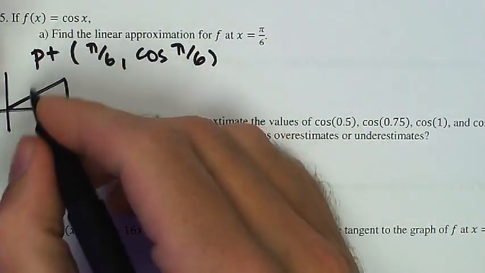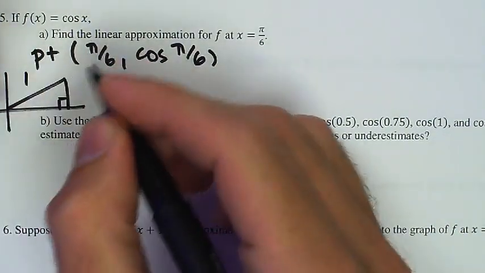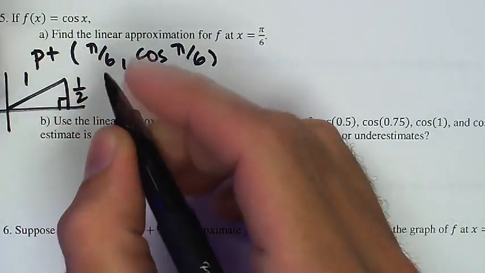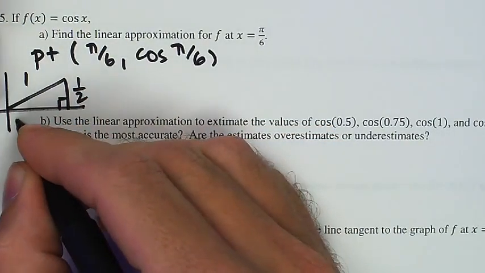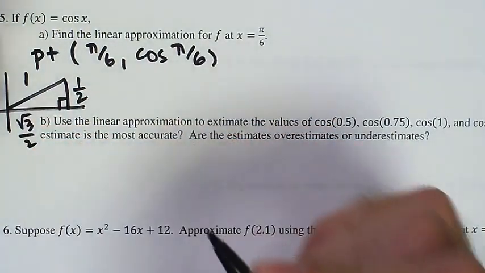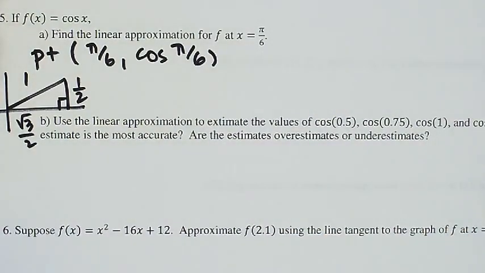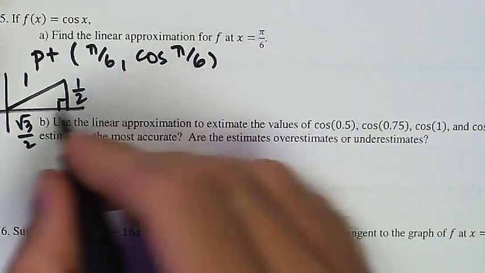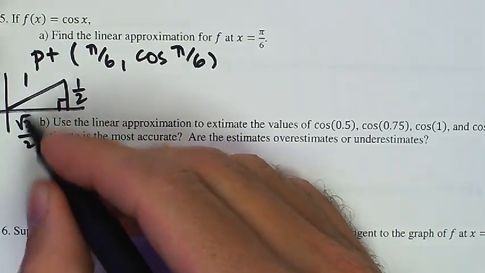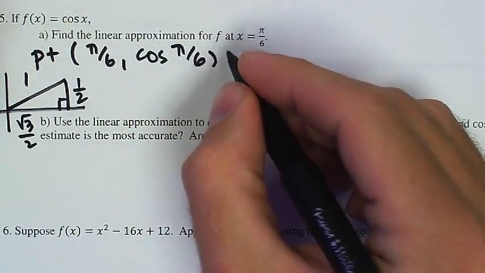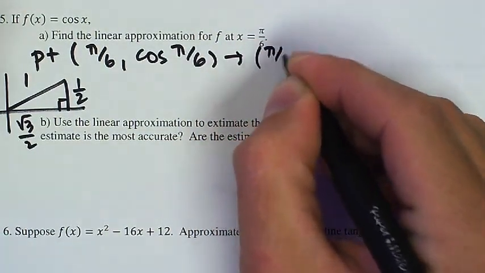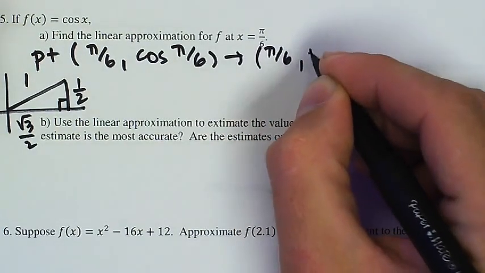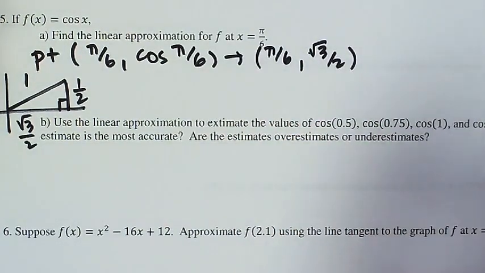It's got a 30-degree reference angle, so in a 30-60-90 triangle, the hypotenuse has length 1, the short leg has length 1/2, and the longer leg has length root 3 over 2. And so the cosine, SOHCAHTOA, adjacent over hypotenuse, is root 3 over 2. So the point is pi over 6 and root 3 over 2.